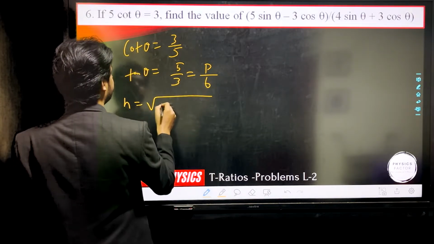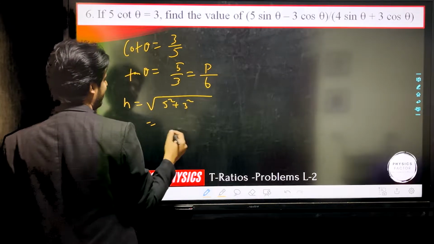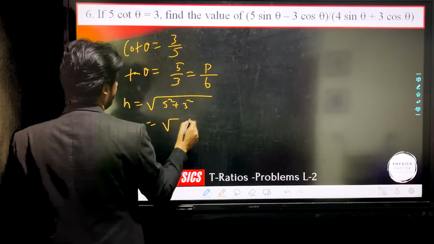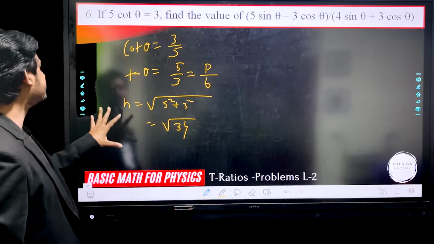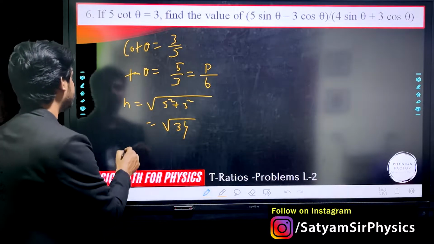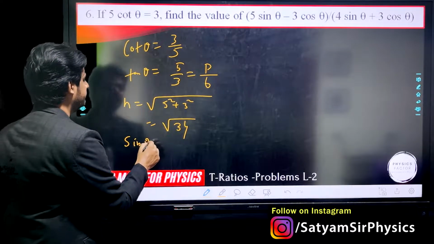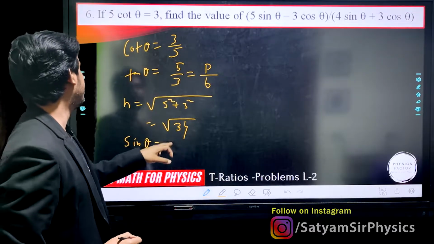H will be root of 5 square plus 3 square, which is 25 plus 9, root 34. We are looking for sin theta and cos theta. So sin theta is 5 upon root 34.